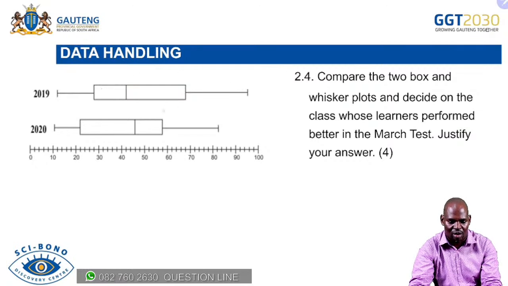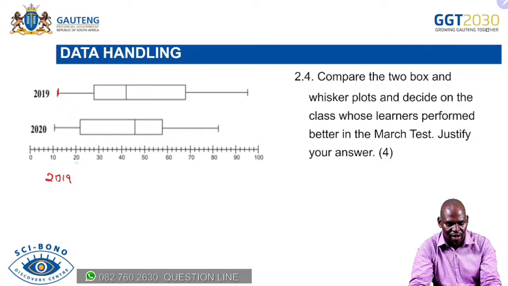This is the summary of 2019. Now the results in 2019, the lowest mark, which is minimum, we said is 12.